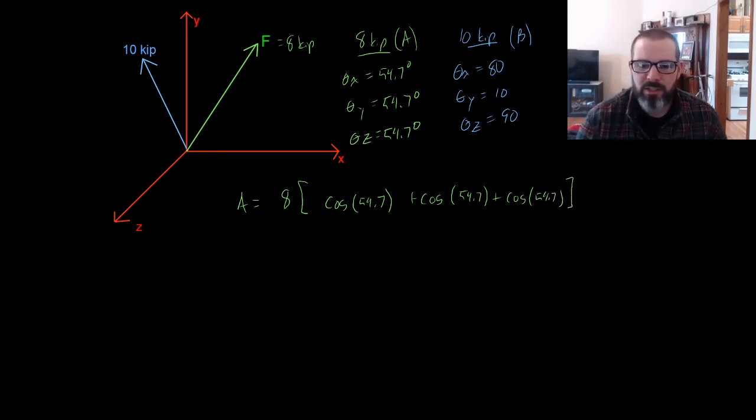These cosines are based on our definitions for theta x. We said that, for example, the cosine of theta x is equal to ax over the force. That is, these three cosines are just based on theta x, theta y, and theta z.